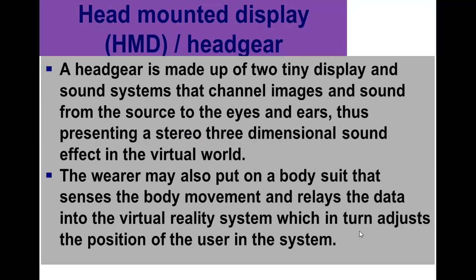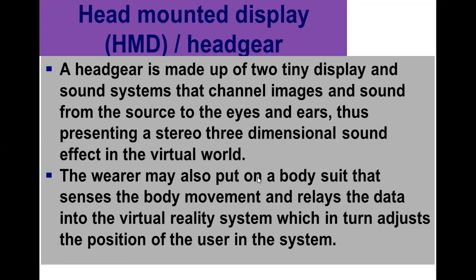A head gear is made up of two tiny displays and sound systems that channel images and sound from the source to the eyes and the ears, thus presenting a stereo three-dimensional sound effect in the virtual world. The wearer, I'm talking about someone who is wearing that head-mounted gear, normally wears it.